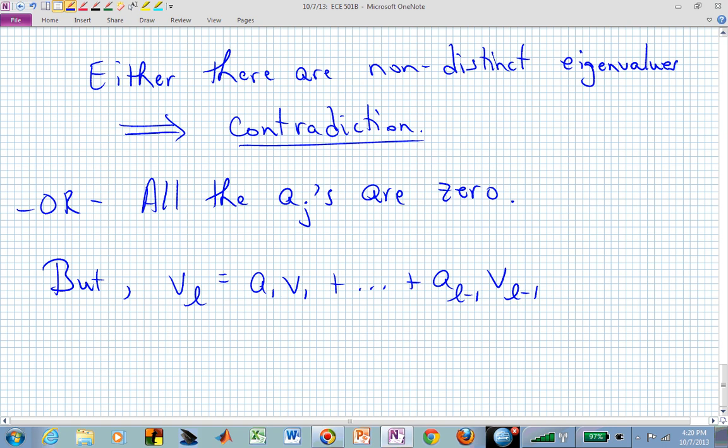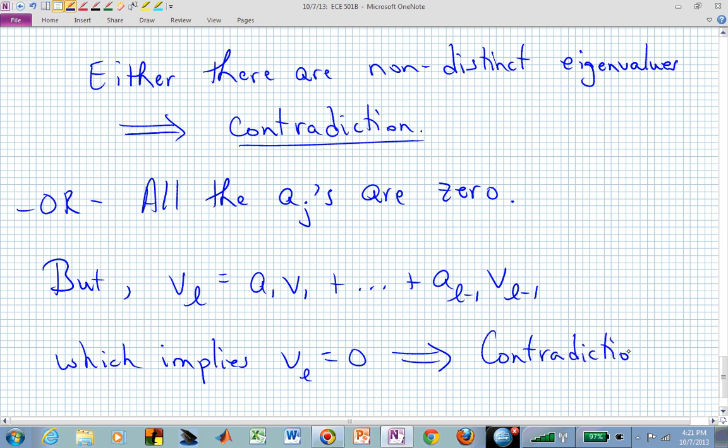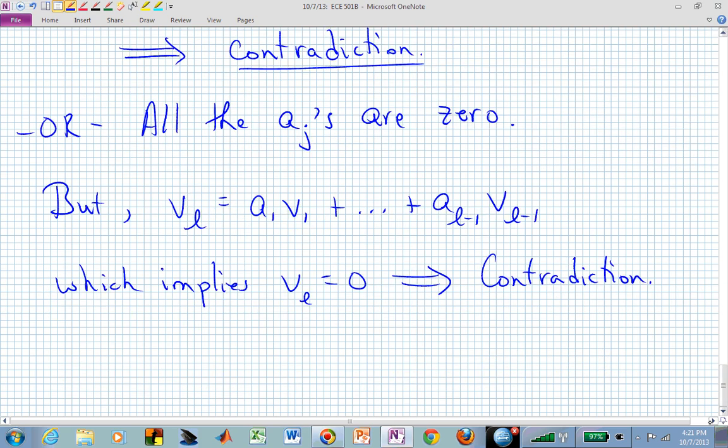If all the A's are 0, then V is 0. And that's a contradiction, since we assumed that all of these vectors were non-zero. And that behavior is true for all k.